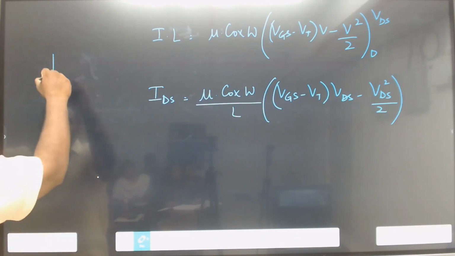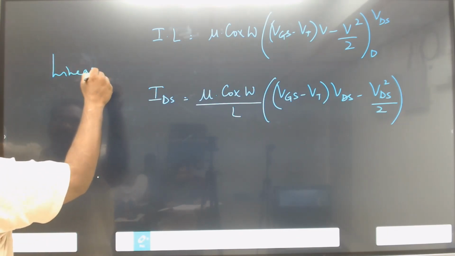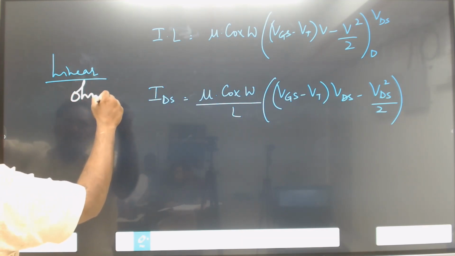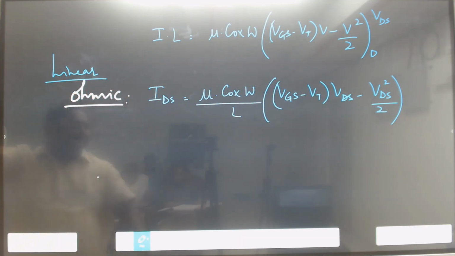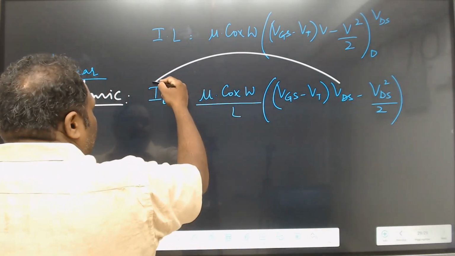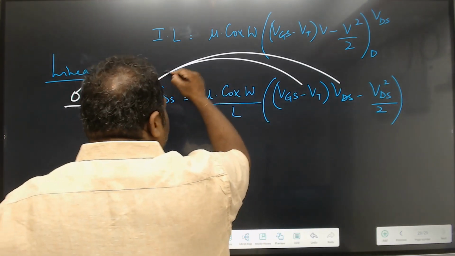This is for the linear region, or what I call the ohmic region, where ID depends on VDS as well as on VGS minus VT.